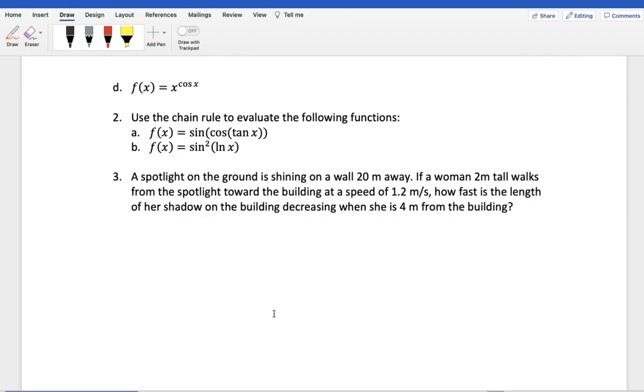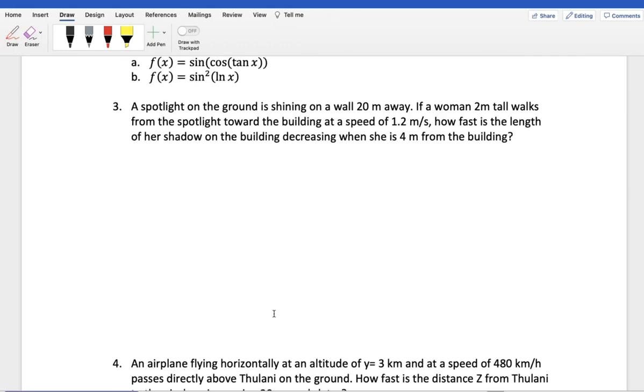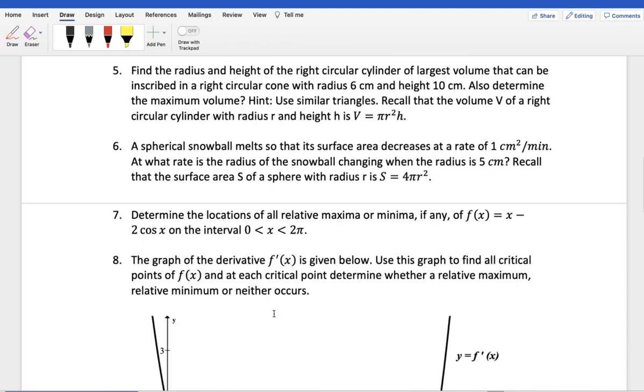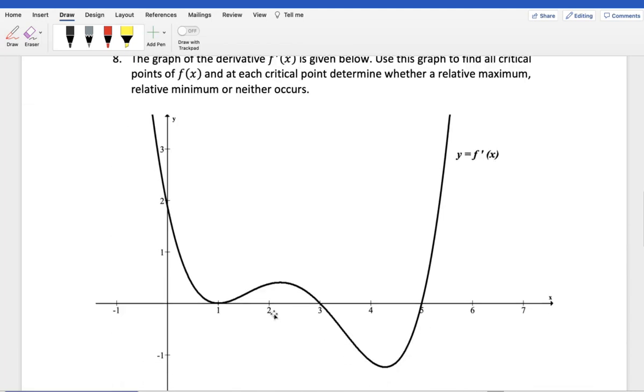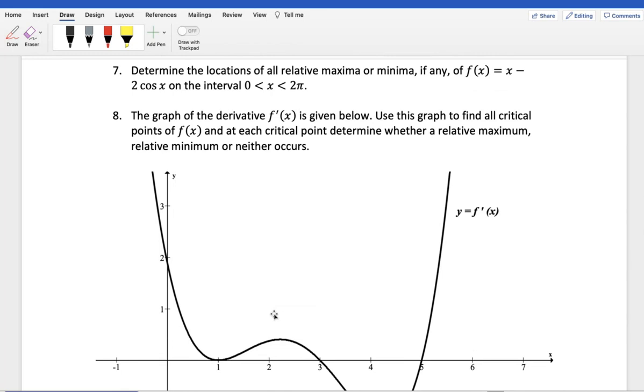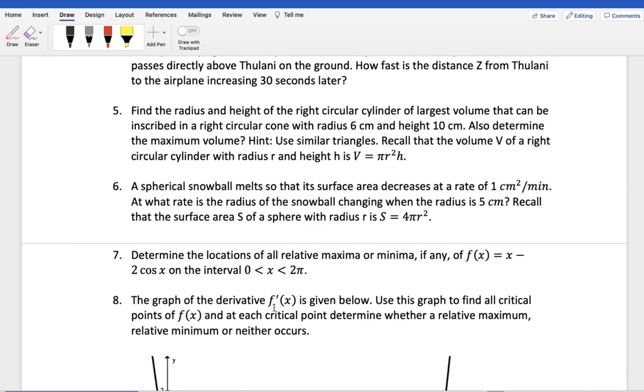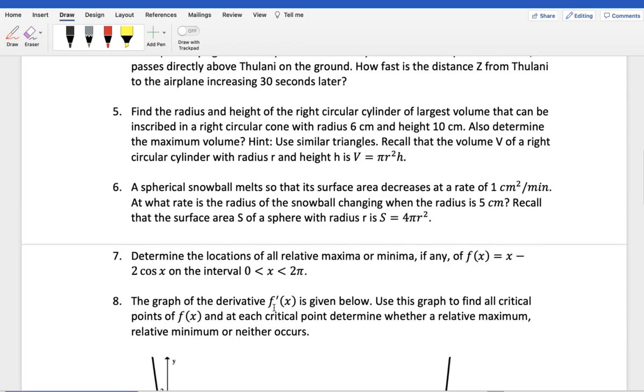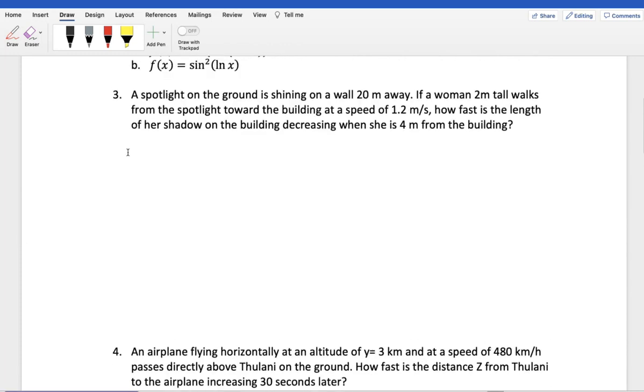In this session, I just wanted to focus on related rates and some function related questions, because those are the main two types of questions that I received from everyone who was sending me their questions. So I decided to choose these because apparently that was the main concern for most of you. So we'll have a look at those.